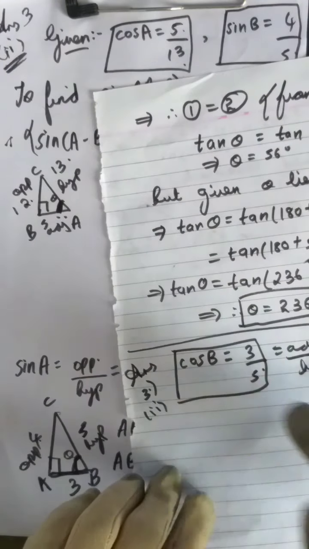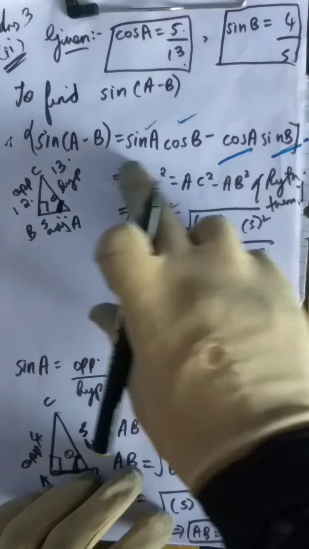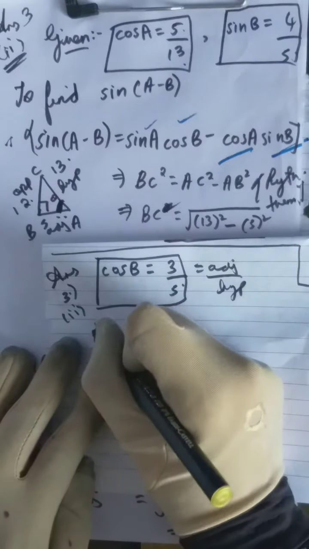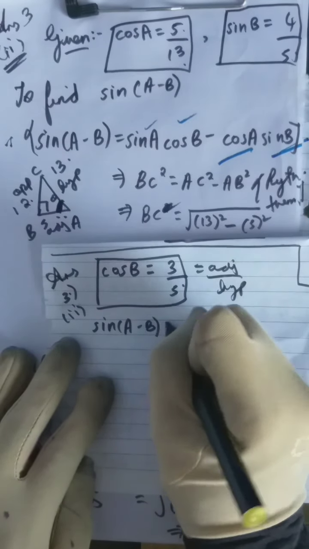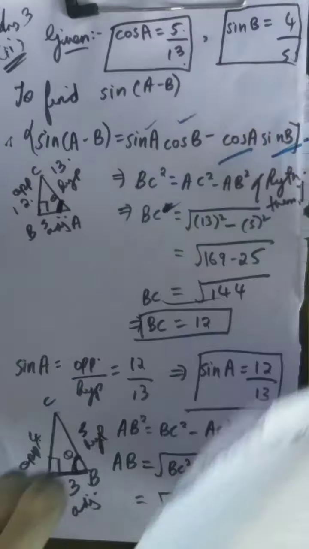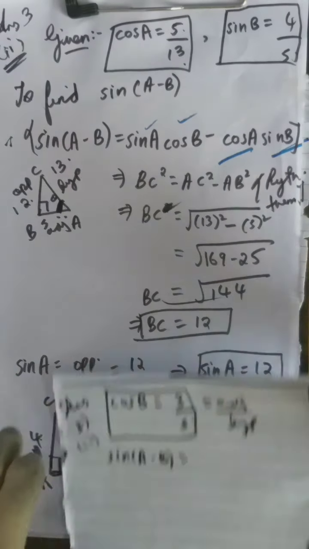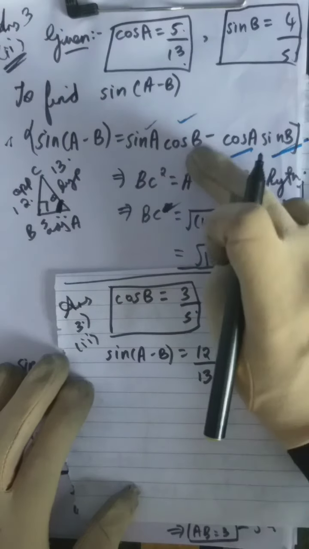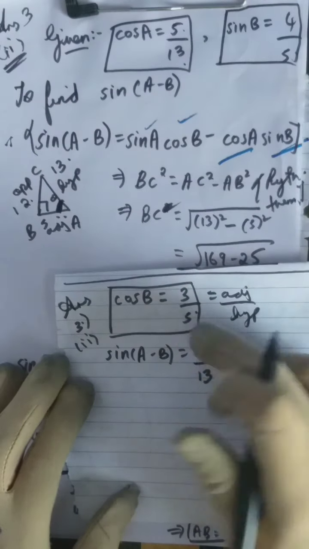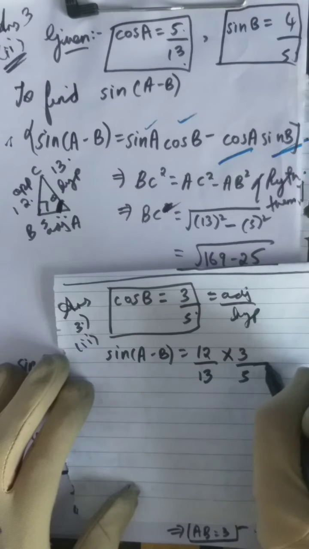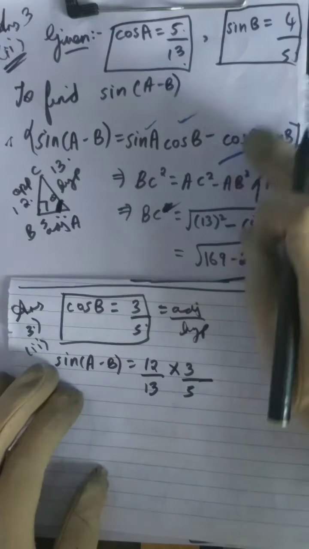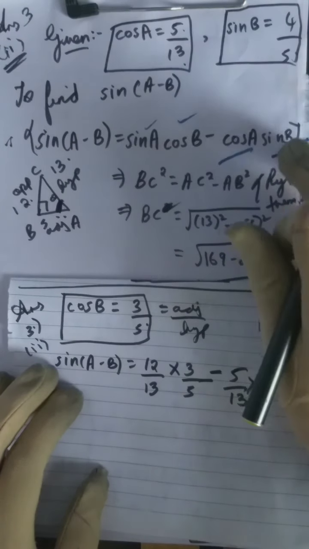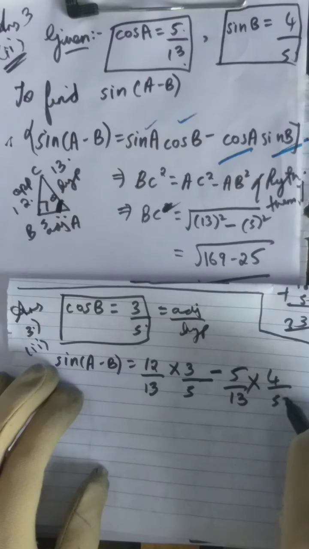So we can substitute all these values in this RHS: sin A cos B minus cos A sin B. So sin of A minus B is equal to, in place of sin A, substitute 12 by 13, into cos B, which is 3 by 5, minus cos A, which is 5 by 13, into sin B, which is 4 by 5.